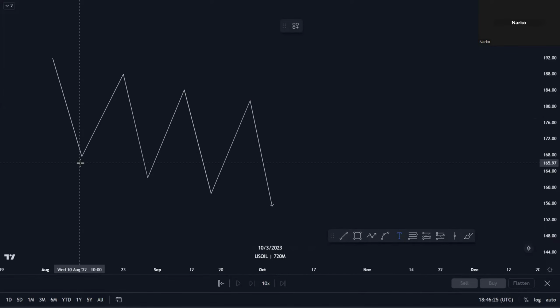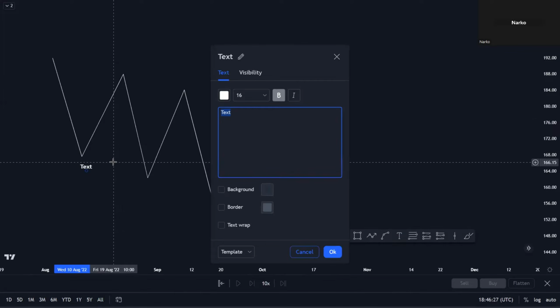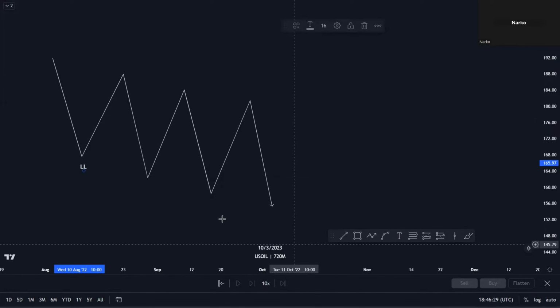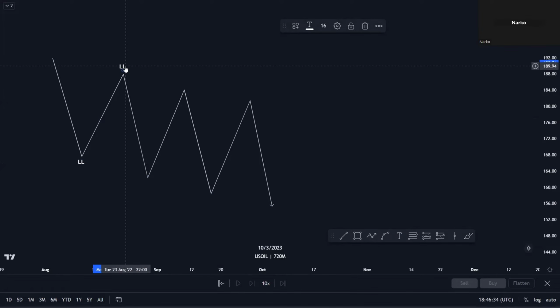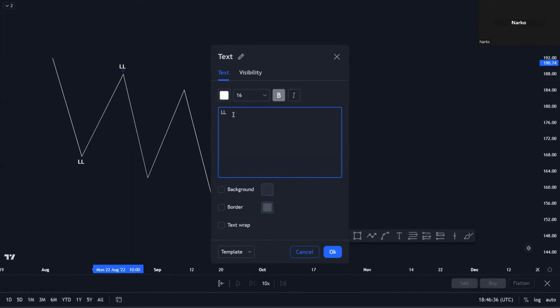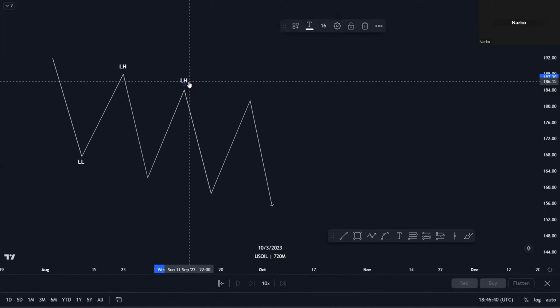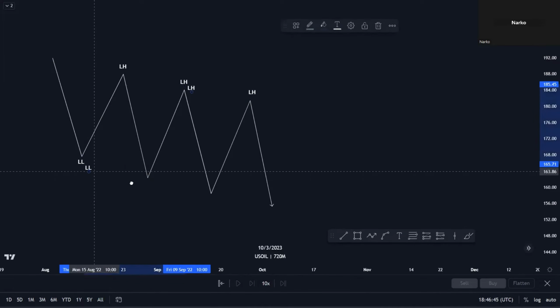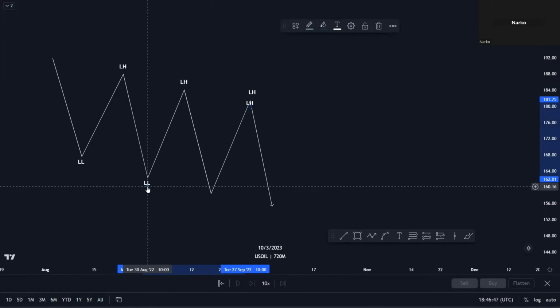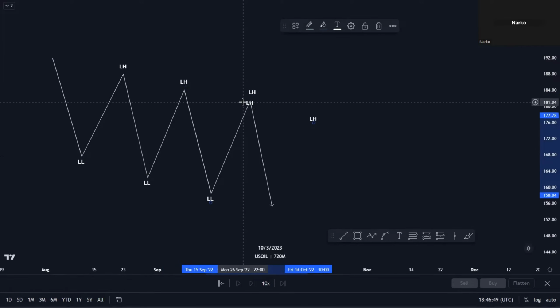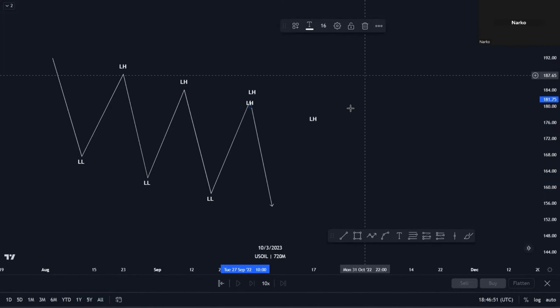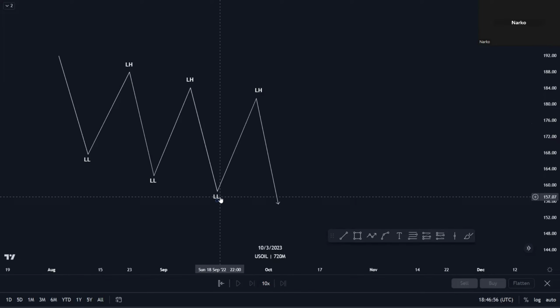So here price is creating our lower lows and respecting our lower highs. So in a bearish trend, our lower highs are found above our bearish trend, and our lower lows are found below our bearish trend. As simple as that.